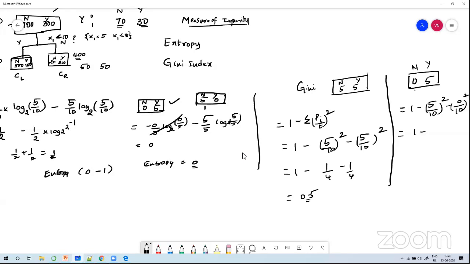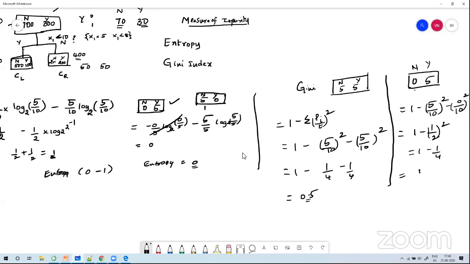So this is 1 minus 1 by 2 whole square, which is 1 by 4, which is going to be 0.75.